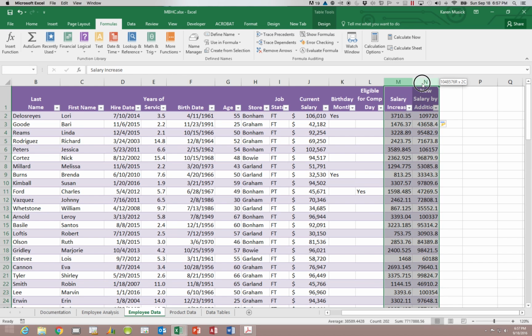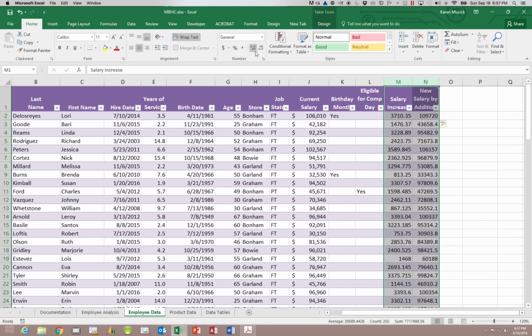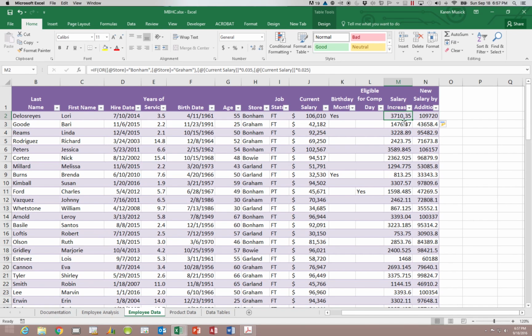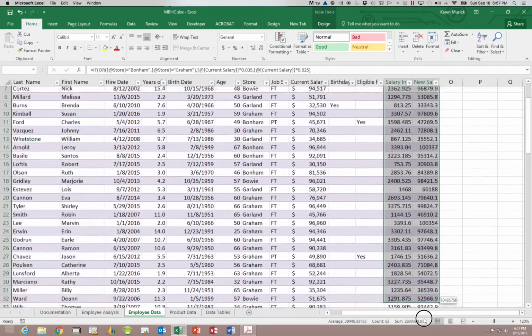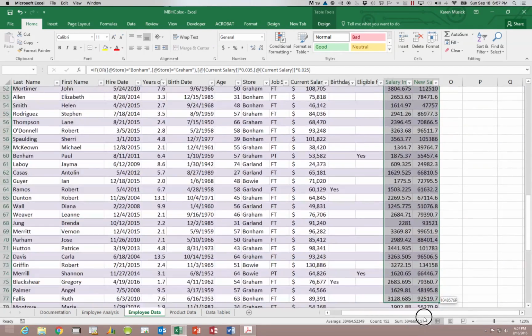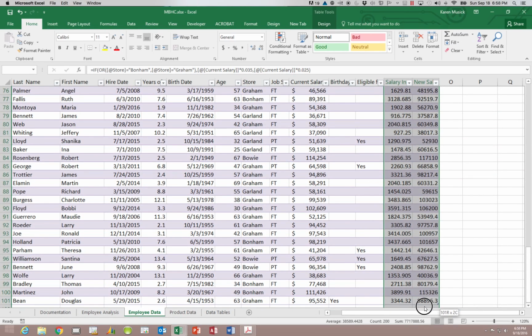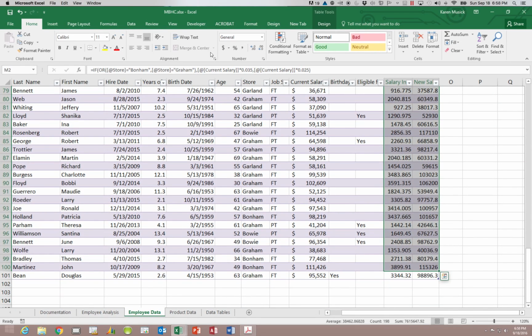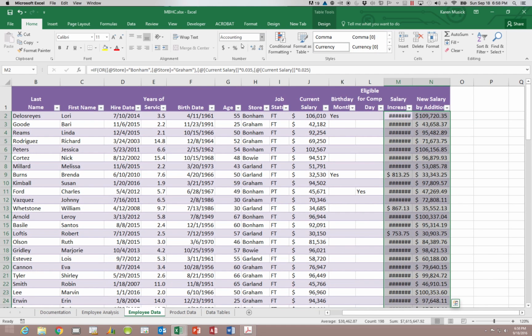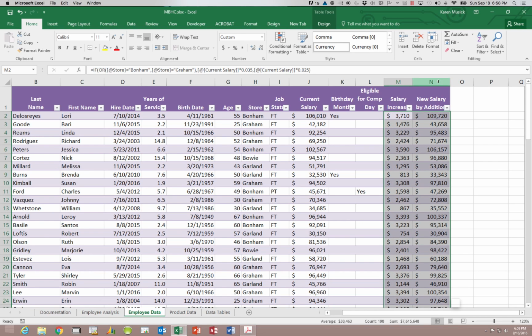So we're going to go ahead and format both of these as accounting with 0 decimal places. Oh, maybe not. Didn't format them as accounting. Hold on a second. So we're going to choose accounting and decrease the decimals so that we now have round numbers.